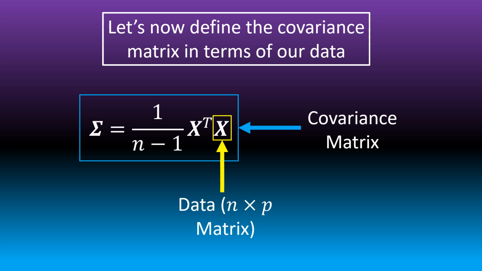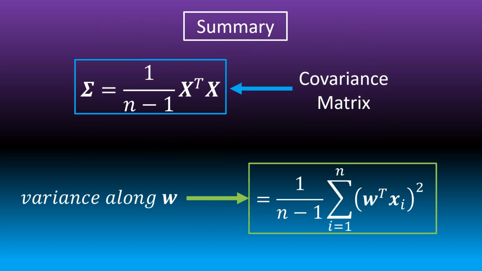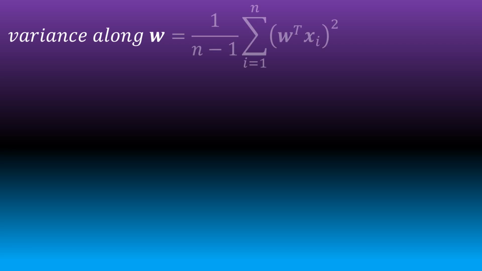So let's now define the covariance matrix in terms of our data. So we have our covariance matrix represented as sigma, and X, capital X, is our data in the form of an n by p matrix, n rows, p columns. So in summary, we have our covariance matrix, epsilon, and we have our variance along W is equal to that summation in the green. So let's combine these two facts to get the variance along W formula.